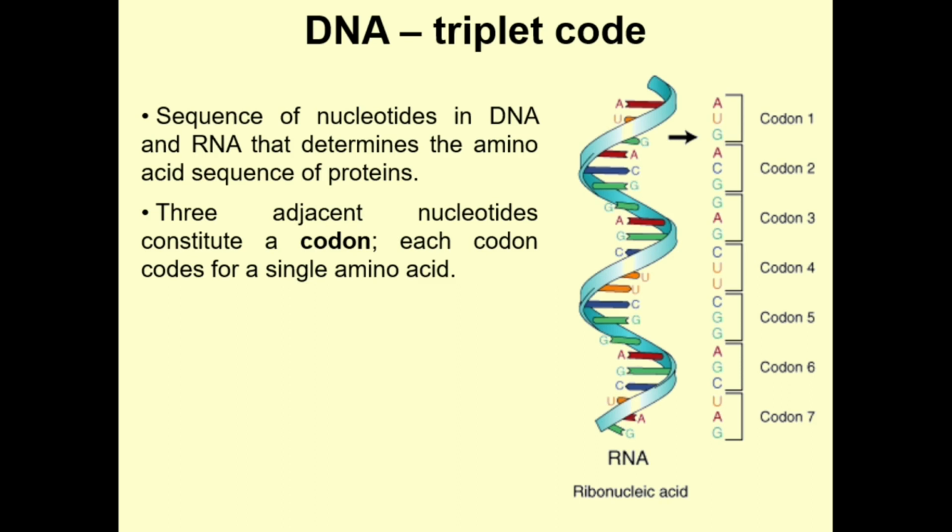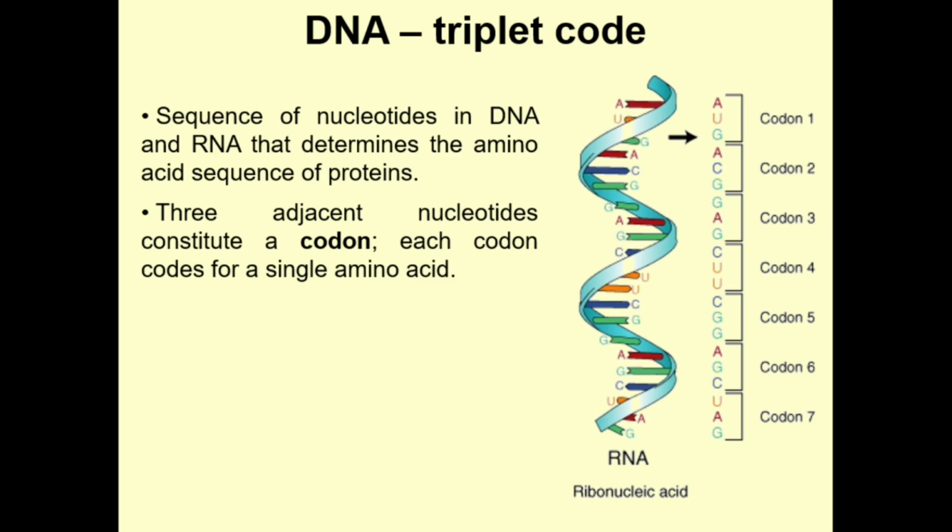So let's say, for instance, it's made up of 1,000 nucleotides, the specific sequence of nucleotides will be what determines the sequence of amino acids that go into our protein. And the way it works is that out of those 1,000 nucleotides, each 3 adjacent nucleotides make up something called a codon. So 3 adjacent nucleotides constitute a codon, and each codon codes for a single amino acid.